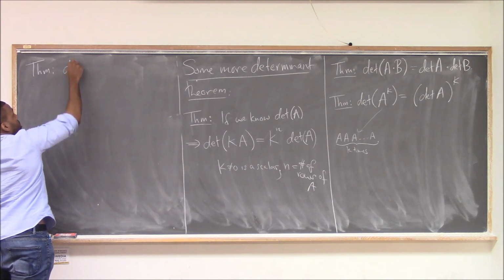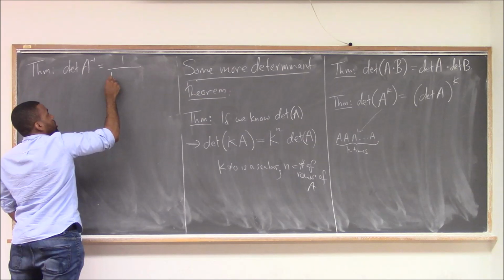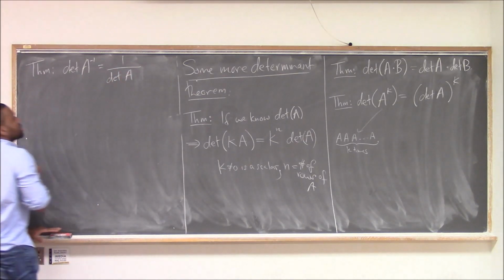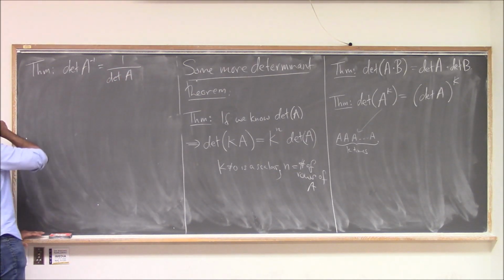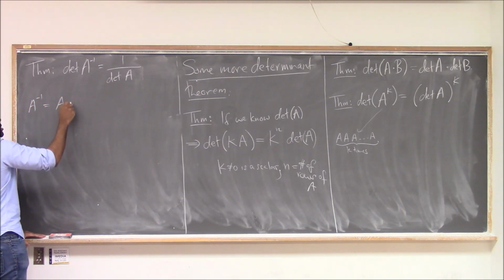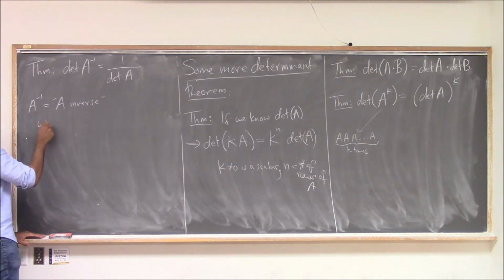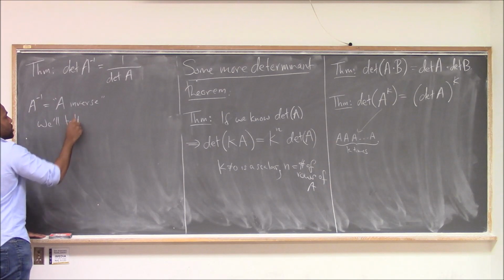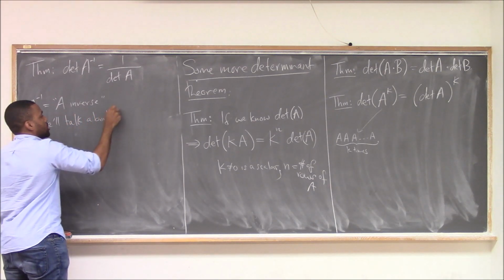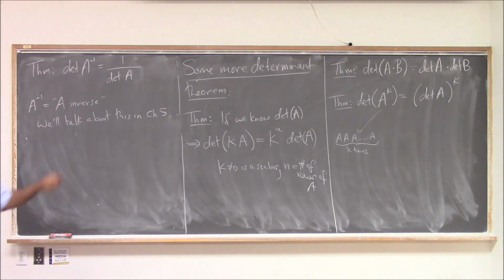The determinant of A inverse would be 1 over the determinant of A. We'll talk about this in chapter 5, and you'll understand what this means when we get to chapter 5. Another theorem.